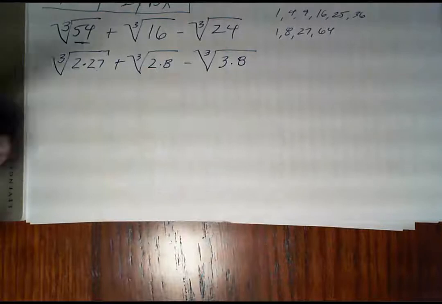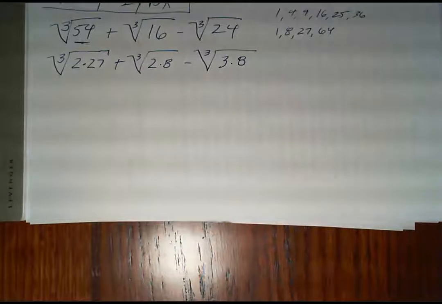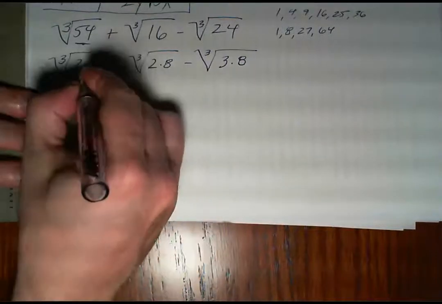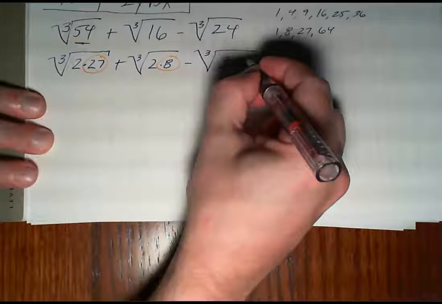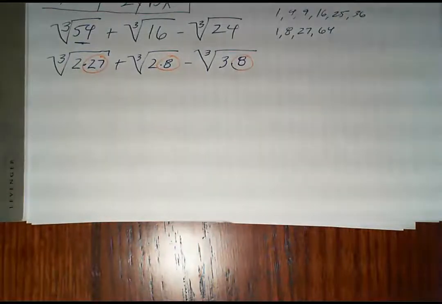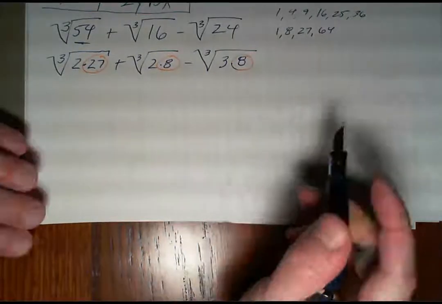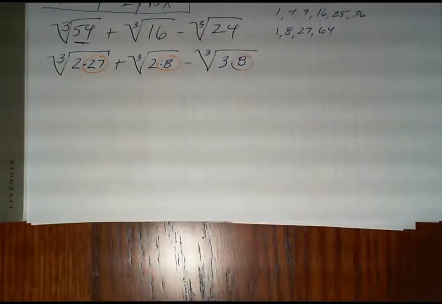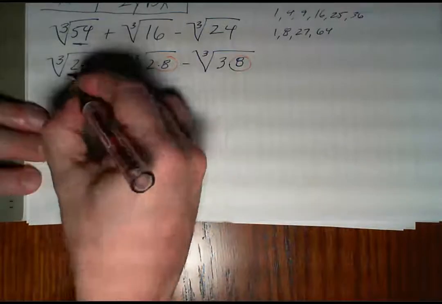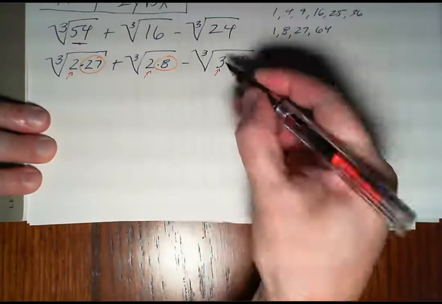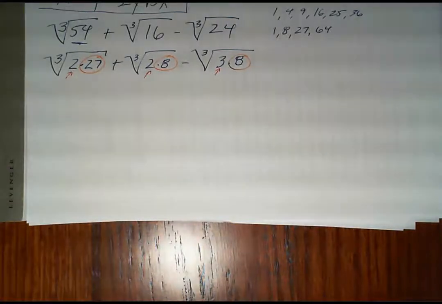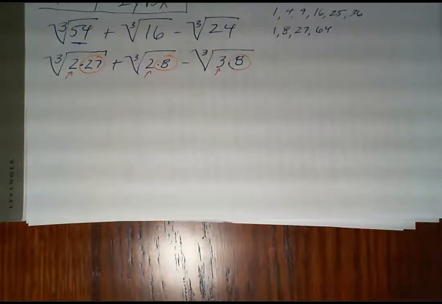Now, I'm going to go ahead and take a moment to identify my perfect cubes that I'm going to be able to take out from under this cubed root radical. So once I identify those, I can also see what's going to be left underneath the radical here. You don't really typically need to identify those when we're only dealing with 2 factors here.